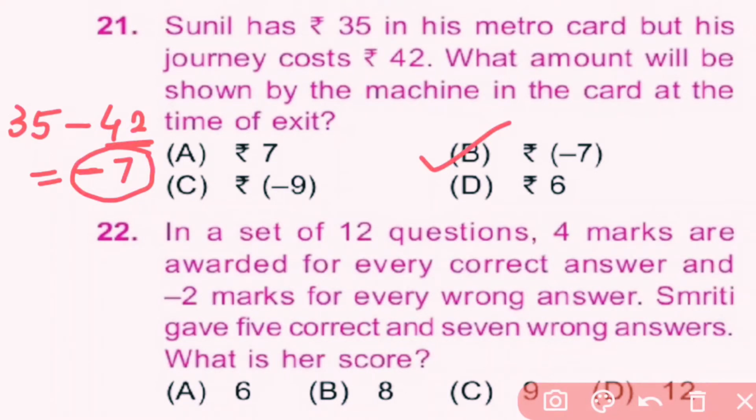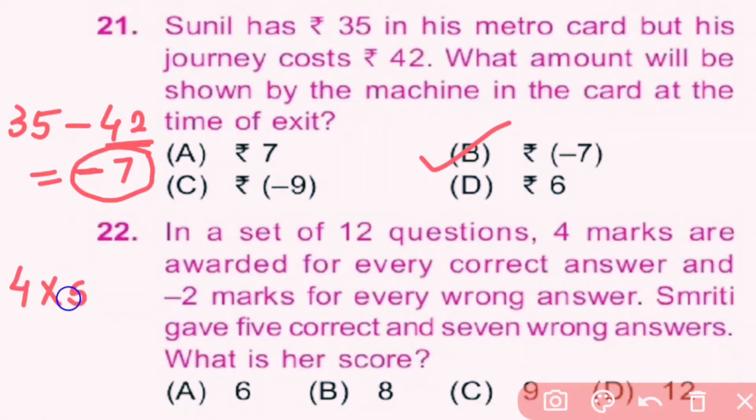Question number 22. In a set of 12 questions, 4 marks are awarded for every correct answer and minus 2 marks for every wrong answer. Smriti gave 5 correct and 7 wrong answers. What is her score? Each correct answer is for 4 marks and Smriti gave 5 correct.